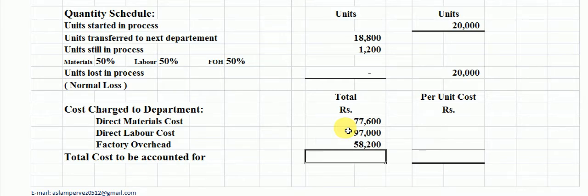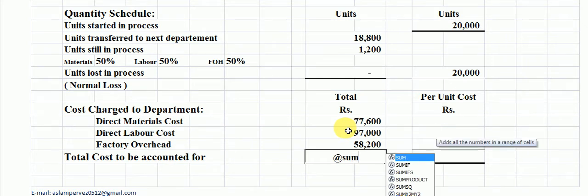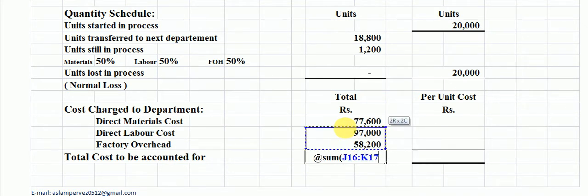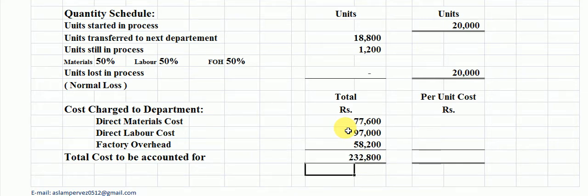Now we sum up all these values, and the total is 2,32,800 rupees, which is the total cost occurred in the first department, like material cost, direct labor cost and factory overhead cost.